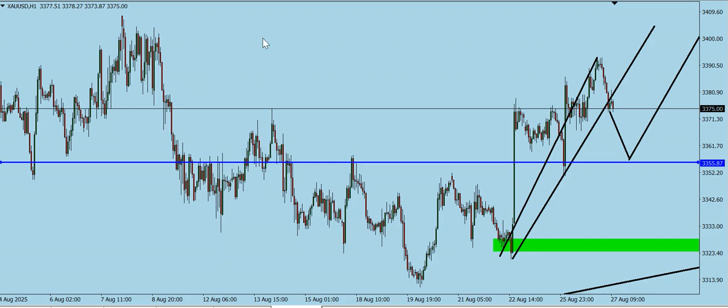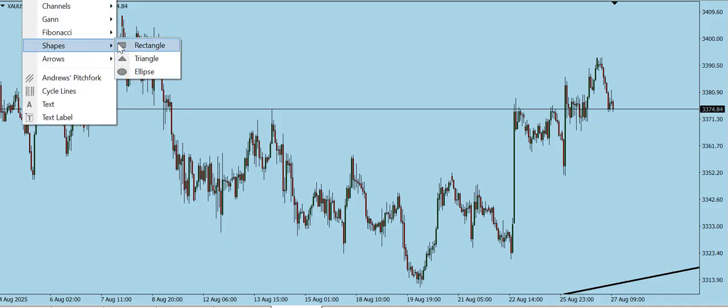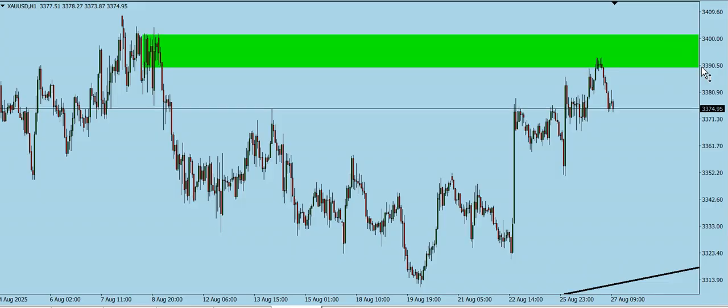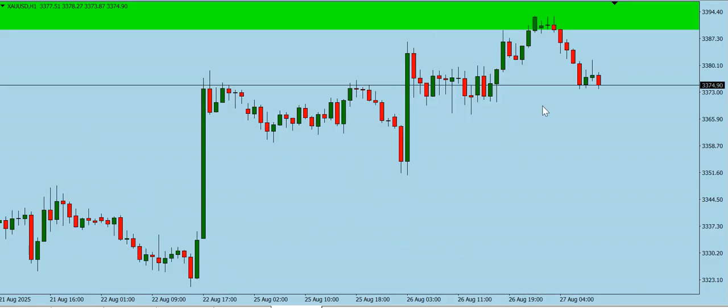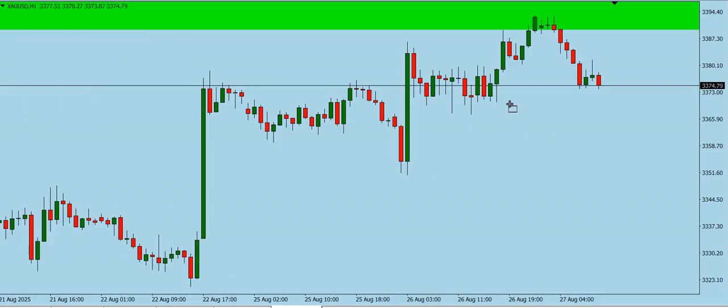On the 1-hour time frame, what do we have? The 1-hour time frame shows price met with resistance, and price has dropped to a support. This is a support area on the 1-hour time frame.